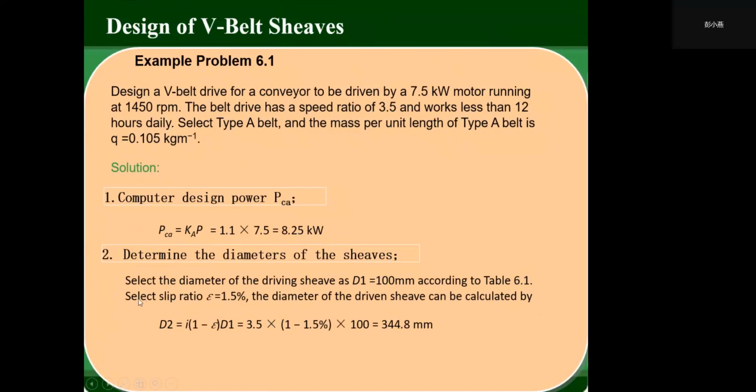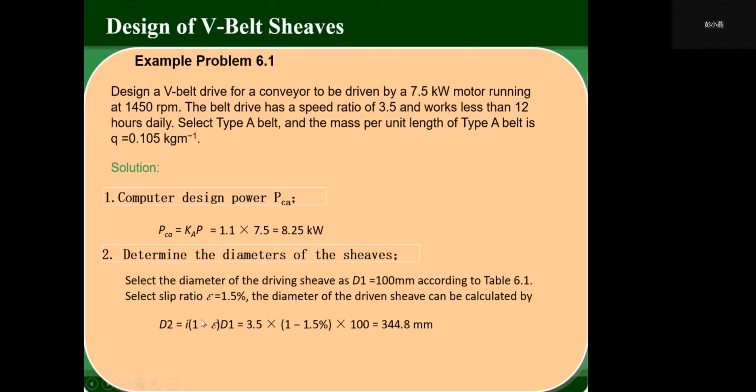And then select the slip ratio epsilon, and then calculate D2. We also know the speed ratio is approximately equal to D2 over D1.